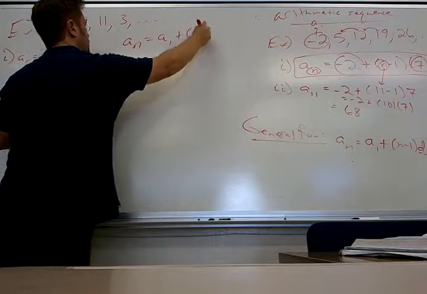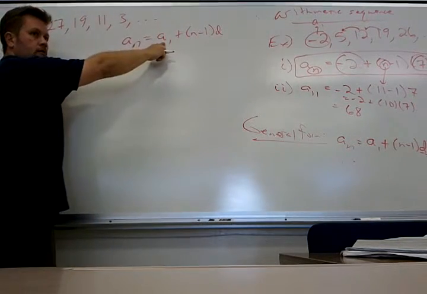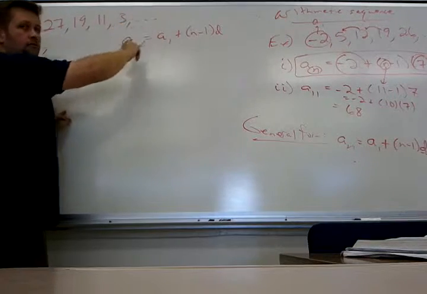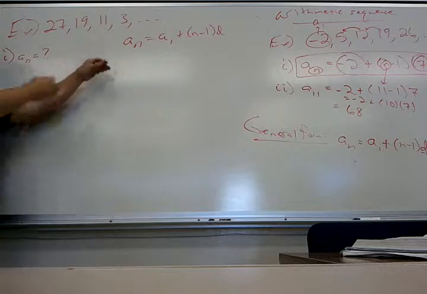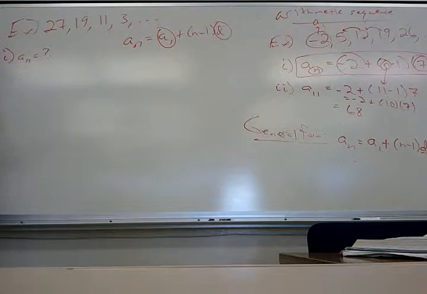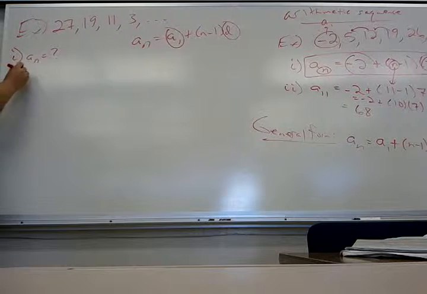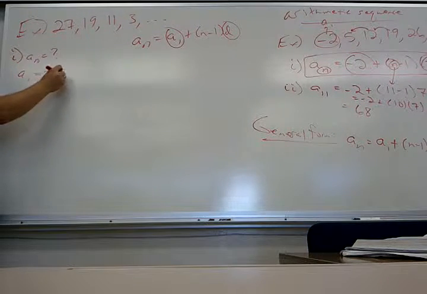What do I need so I can fill in the formula? I need A1, and I need D. I don't need N, because it's just AN, it's not specific. So what is A1? 27. Now what's D?